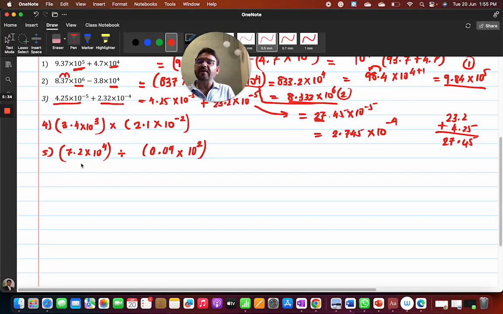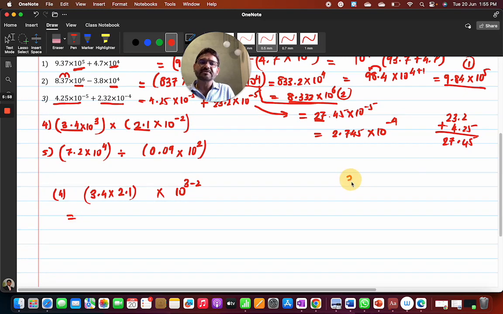Now when you're multiplying over here, what you need to do is, now this is very simple. Let me rewrite it here, fourth one. You multiply the number with the number. Now this is multiplication. Now by the law of indices, you add the power. So 10 to the 3 plus minus 2.